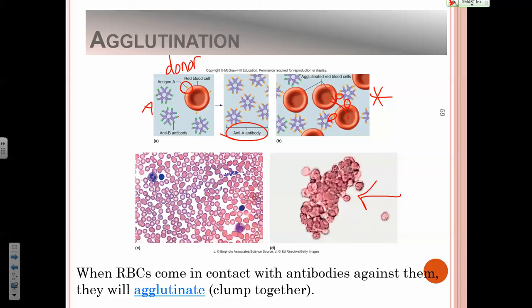As it comes into the recipient, you don't want any anti-A antibodies in the recipient, because it'll cause these cells to clump together before they have a chance to go anywhere, right? So during a blood transfusion, it's very important that you make sure that the antibodies of the recipient will not fight the antigens of the donor.